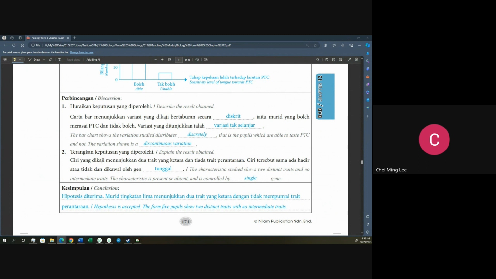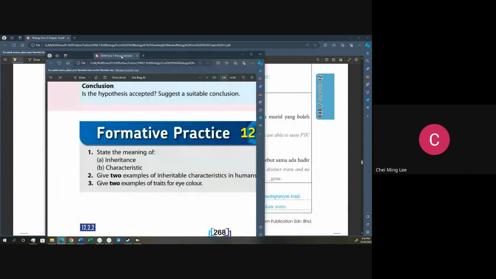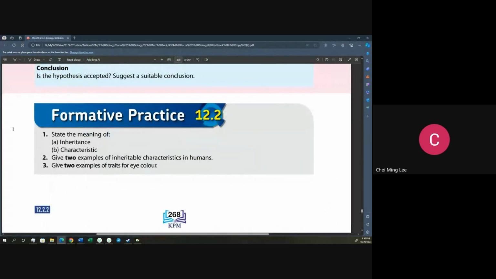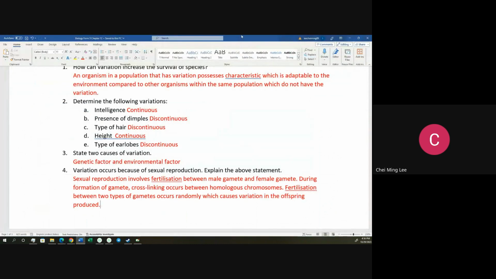continuous and discontinuous. So any questions? No? Okay, if no, please do 12.2. Okay, try to do 12.2.